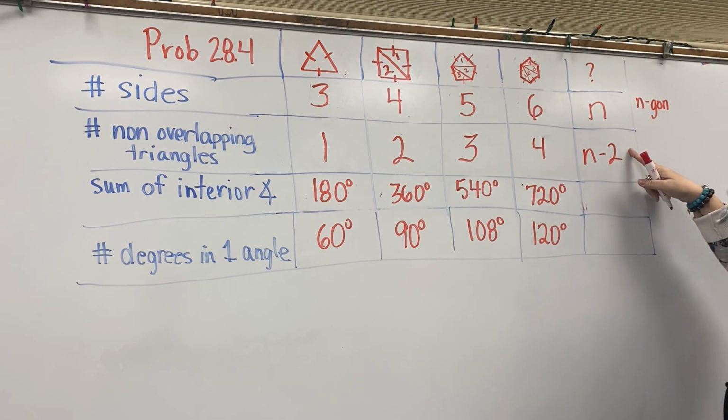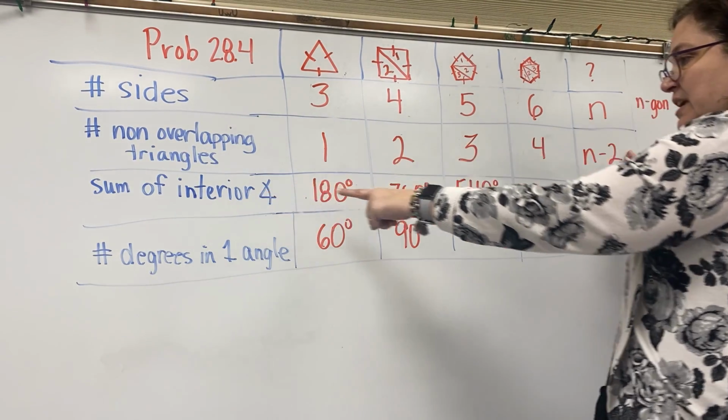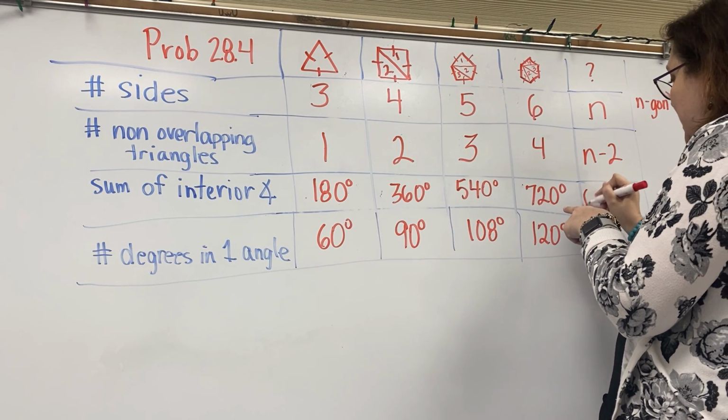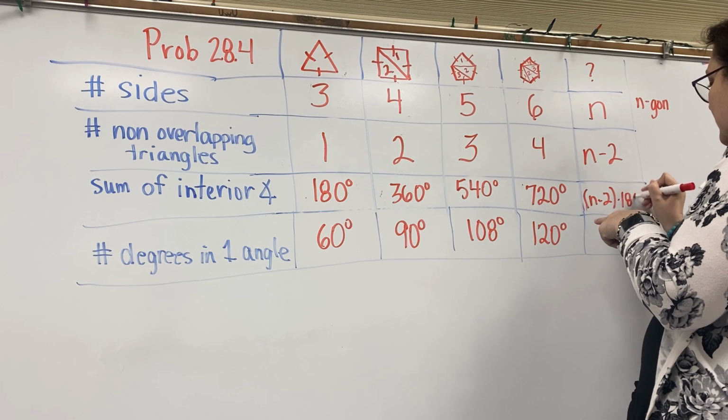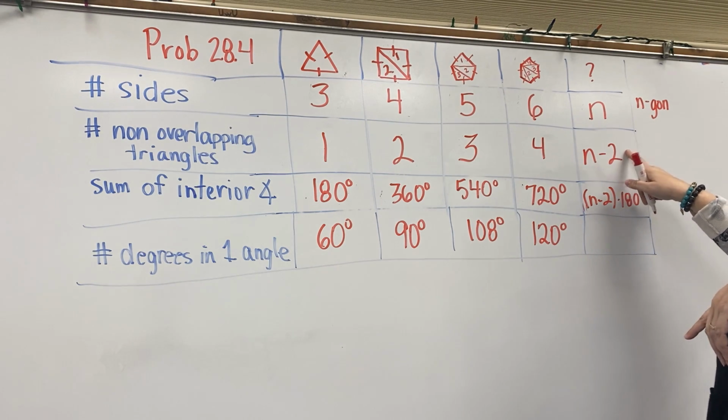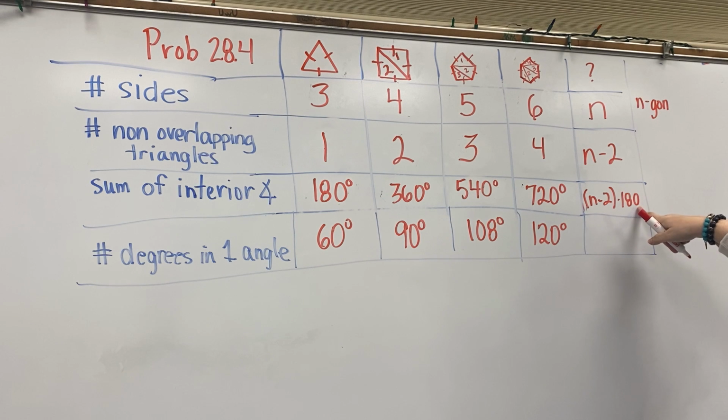And then I know the sum of the interior angles, I just take n minus 2 and multiply that by 180, right? However many triangles, I multiply that by 180. That tells me the sum of the interior angles.